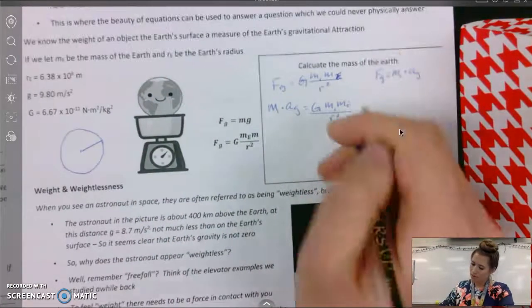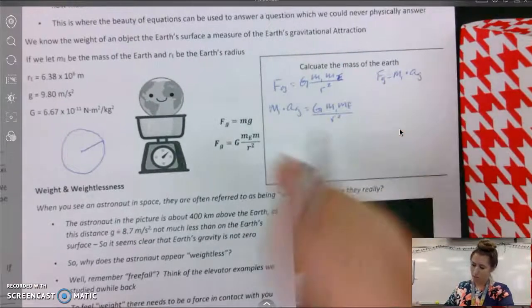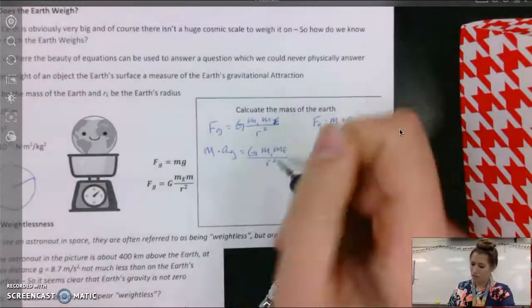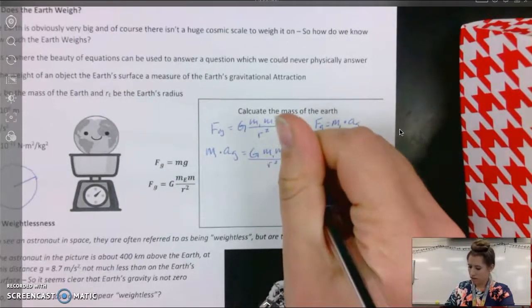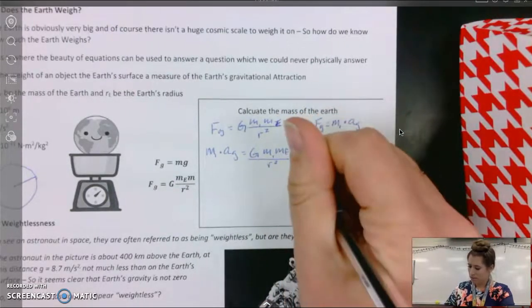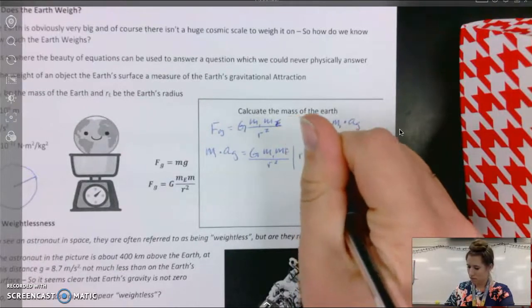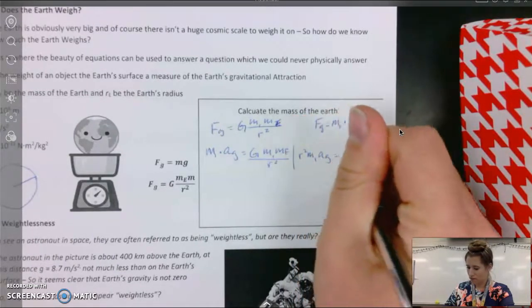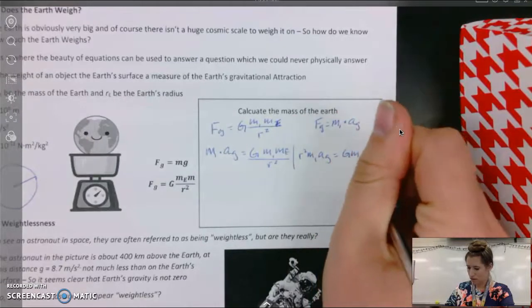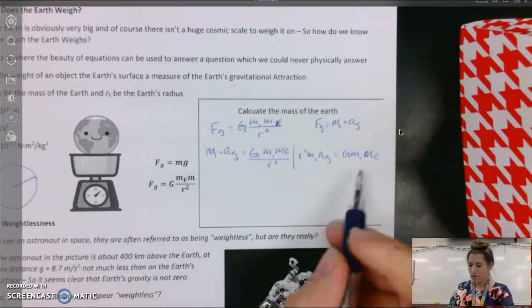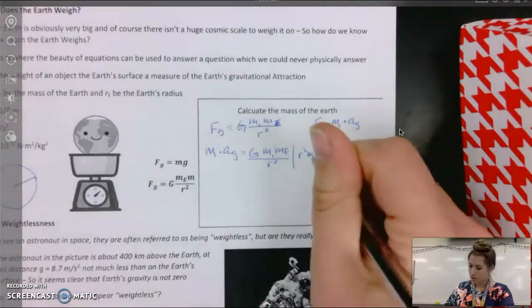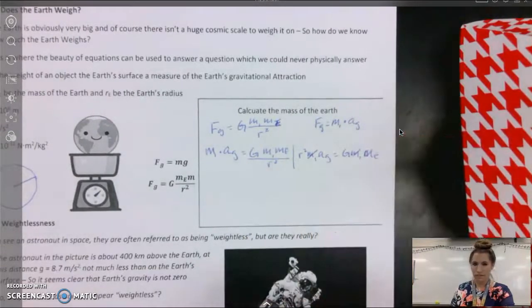Okay. Now, I like to get this all on one line. So I'm going to multiply both sides by that r squared. So what we end up with is r squared m1 acceleration is g m1 mass of the Earth. And look, m1 is on both sides of the equation. So that cancels.